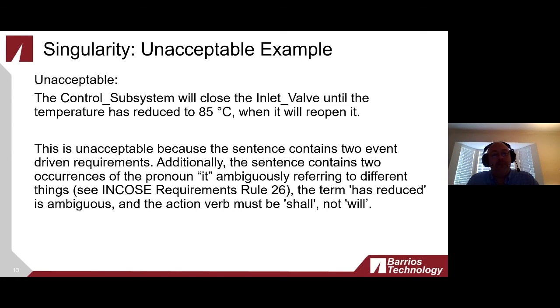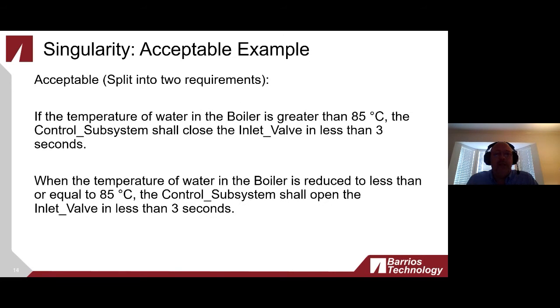But this is a very basic example, and so a better requirement would be, here we have this split up in two separate requirements. What happens when we're above 85, and what happens when we're at or below. And so this allows for independent allocation for resources. The verification of these two are going to be separate.